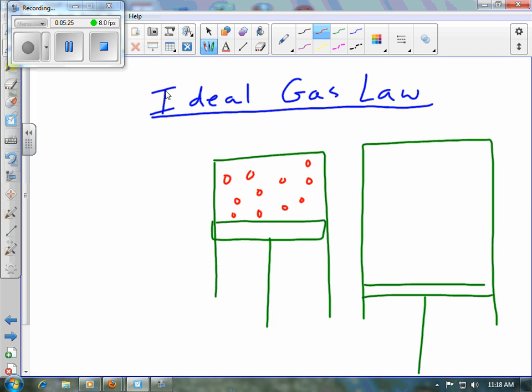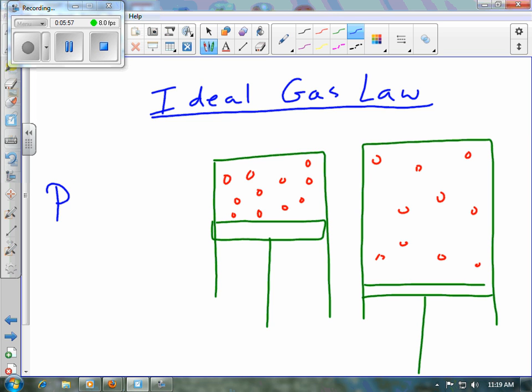Well, the gas is going to expand. So the pressure has gone down, but also the temperature is going to go down because the kinetic energy is dispersed over a larger volume, so the molecules actually slow down when you do this. So the temperature goes down.